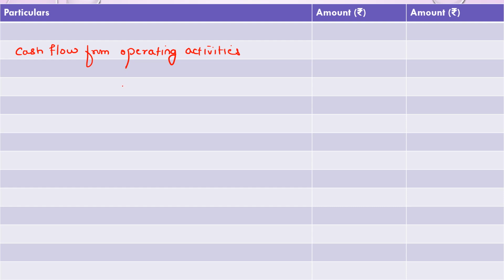But in this question, all that is not there. Instead of writing cash flow, you can also write cash generated or used from operating activity. But as we don't know whether it is going to be negative or positive, I'm using a neutral word, cash flow from operating activity. If it is a positive amount, you call it cash generated from operating activity. If it is negative, it is cash used in operating.